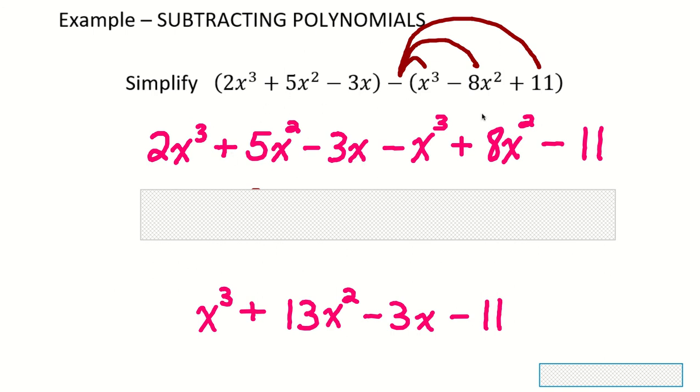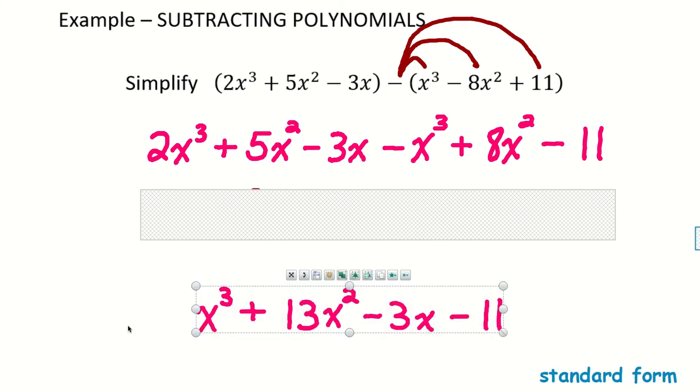These two terms can combine because they're like terms. But then this guy, nothing will combine with it. Negative 3x will just stay, there's nothing to combine with it. Same with this minus 11, so we just have it down here in the final answer, which once again is in standard form, so that's probably the best way to present your final answer.